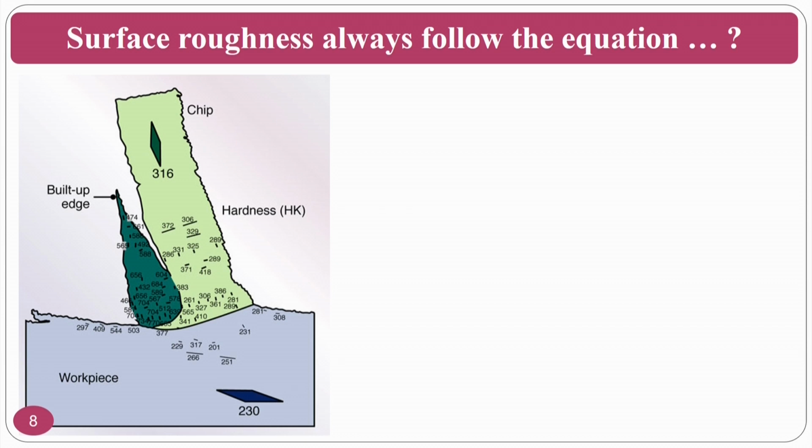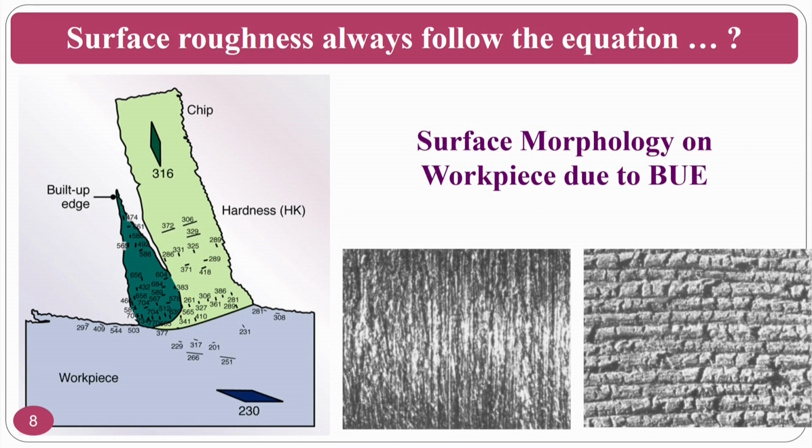So my f squared by 8R normally stands when there is an assumption that it is a continuous chip, there is no built up edge formation and all those things. If the built up edge formation is there, the surface roughness that you are going to get on the final product will be completely rough. So if you increase the feed, obviously it will increase.